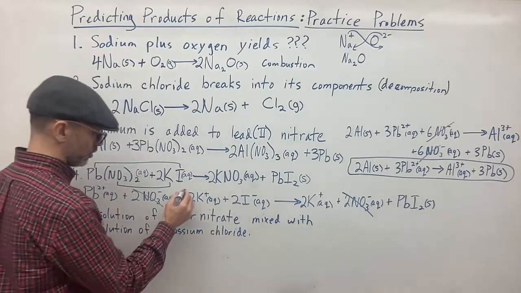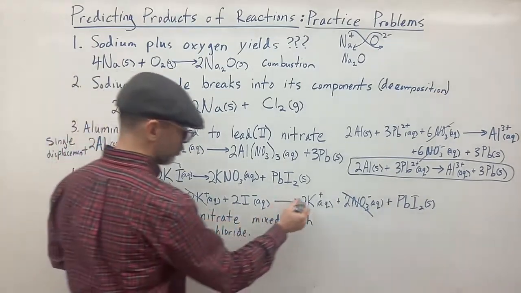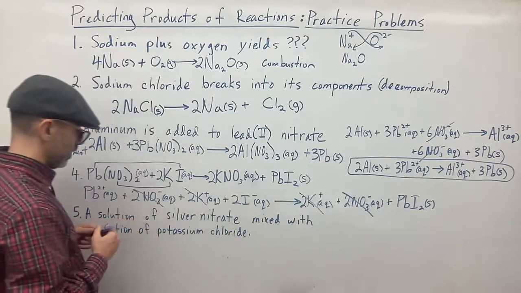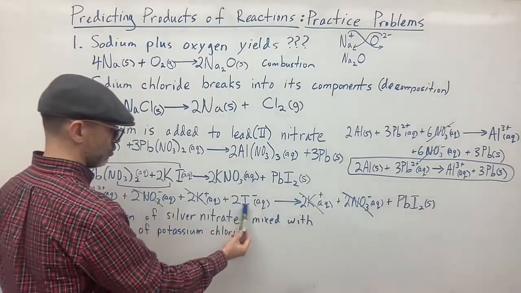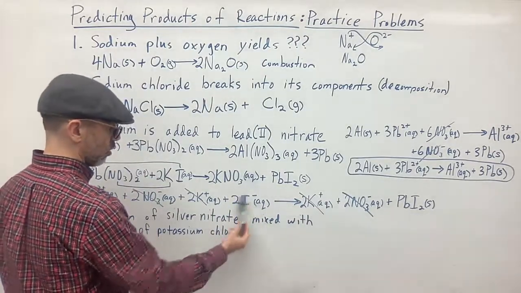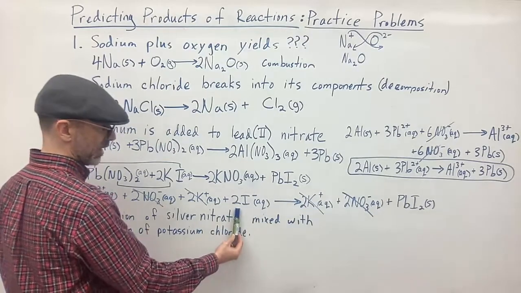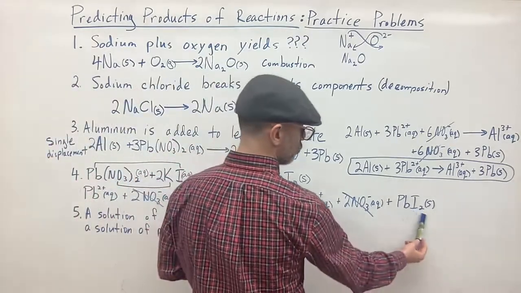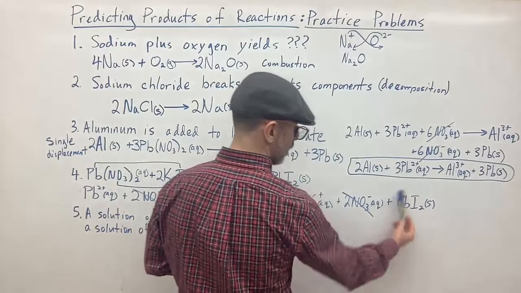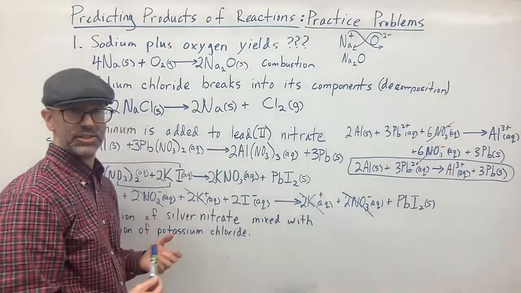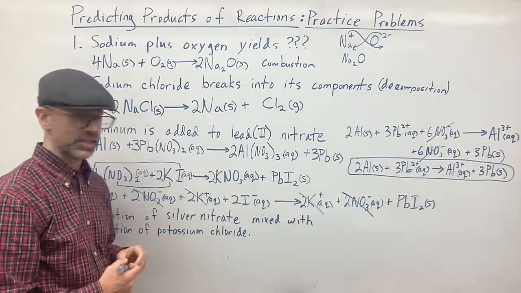So those are also going to be spectator ions. There's no change there. And then here we have 2I minus, the iodide ion, and here we have the 2 ions in the solid. So that is a change, so that's not going to be a spectator ion.